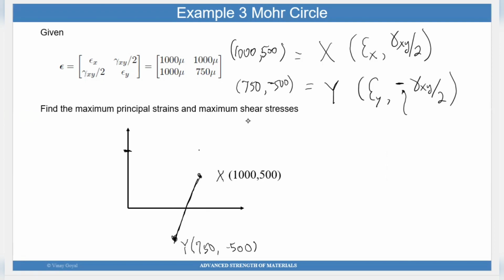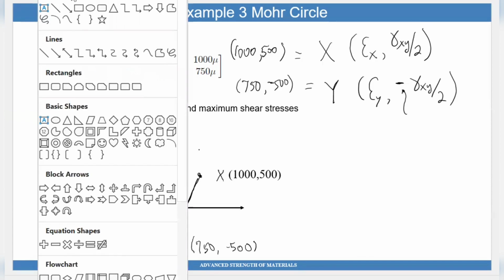And now you're ready to understand that this is the center of where the circle is. You know that's your radius. So all I have to do now is draw a circle.